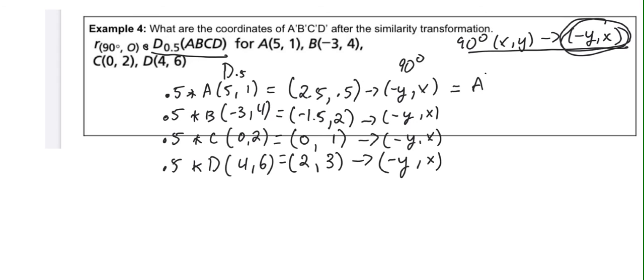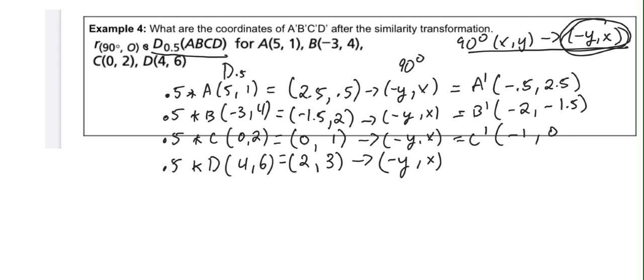For A prime, we should get the opposite of y, which is negative 0.5, and x is 2.5. For B prime, the opposite of y is negative 2, and then x is negative 1.5. C prime, the opposite of y is negative 1, x is 0, and D prime, the opposite of y is negative 3, and x is 2.